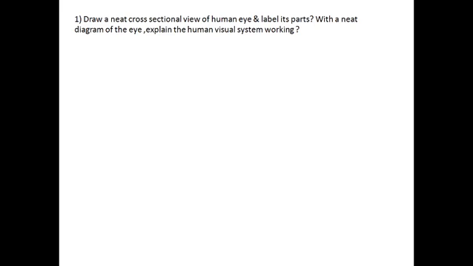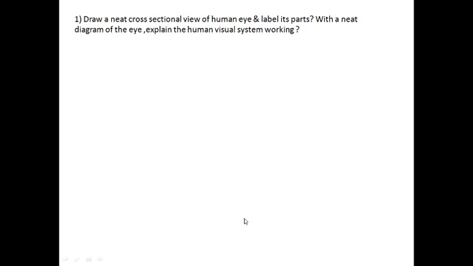So this is chapter 2, in module 1. Just write down the question. Draw a neat cross-sectional view of the human eye and label its parts.